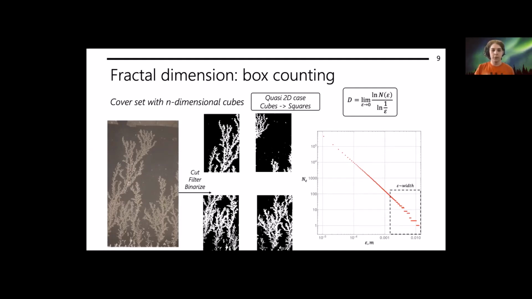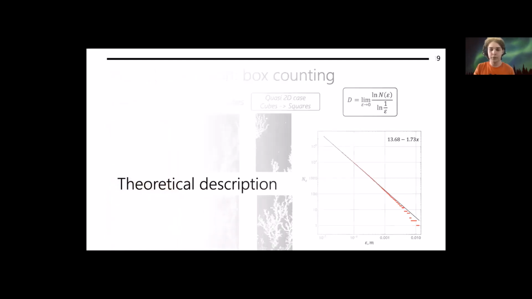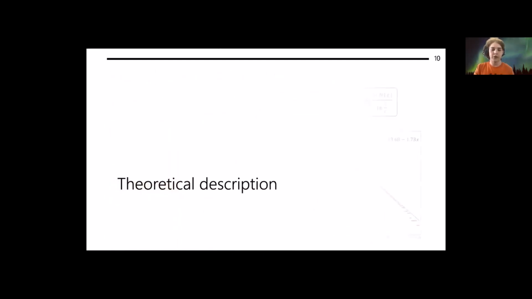If we keep making our cells smaller and smaller, we can make the plot on the right, which is the dependence of the number of cells covering our dendrite on their size. There are some regions, but we're interested only in the one whose size is comparable to the smallest branches, which gives us more information about the fractal structure of our dendrite.